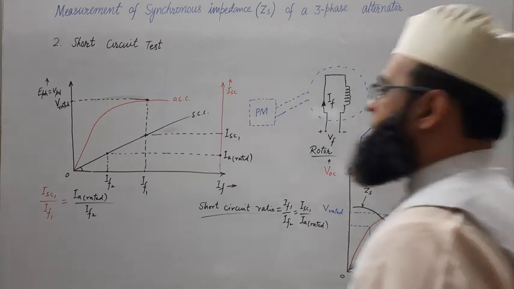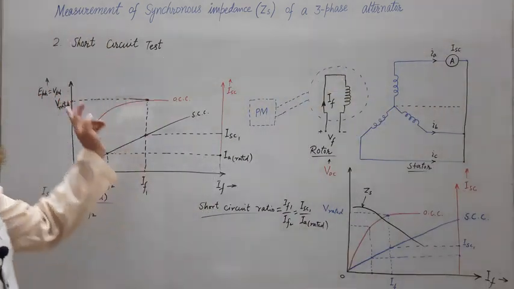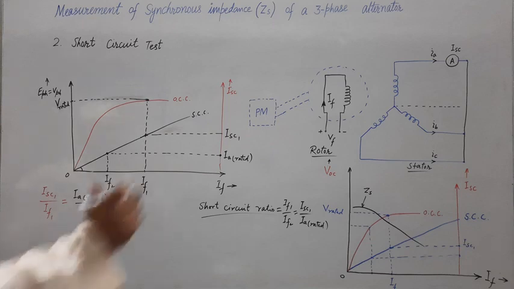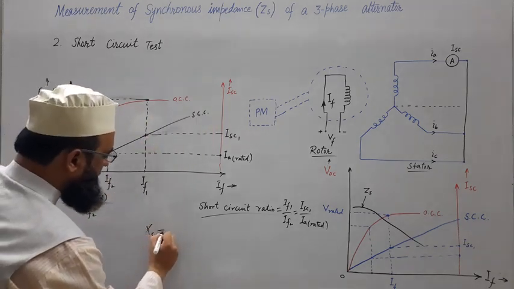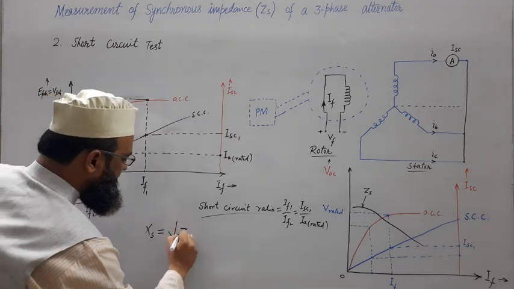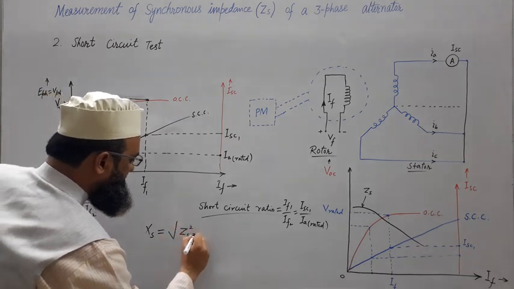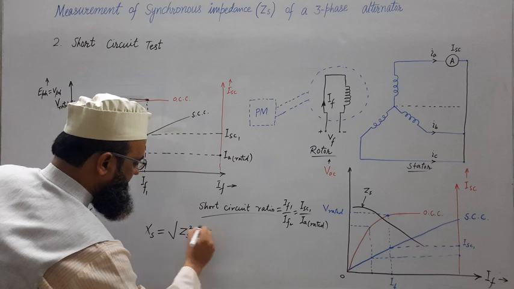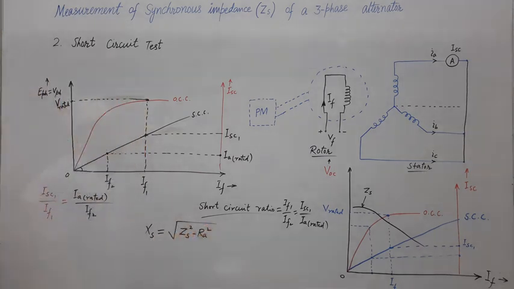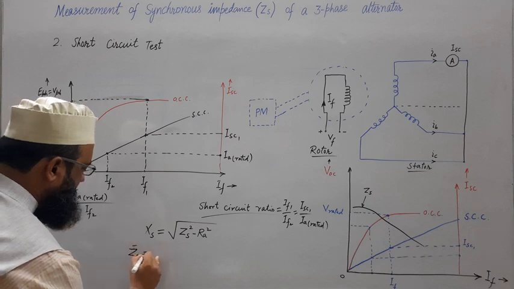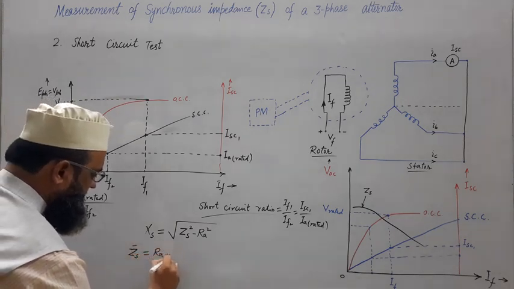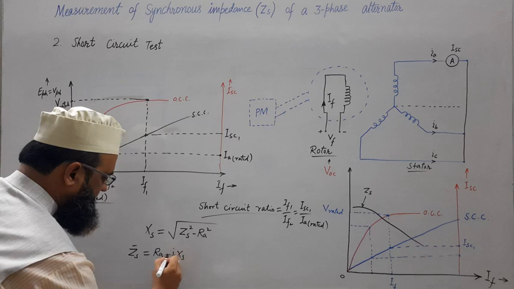One more thing, once ZS, the synchronous impedance, is evaluated, then we can evaluate XS, that is synchronous reactance, and that will be nothing but the square root of ZS square minus RA square, where RA is armature resistance. As we know, ZS is nothing but RA plus jXS.